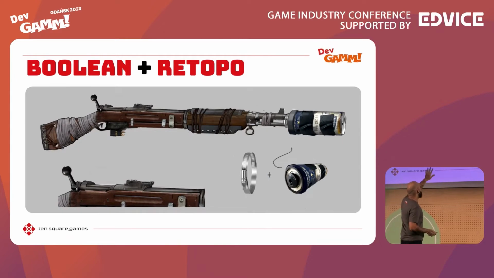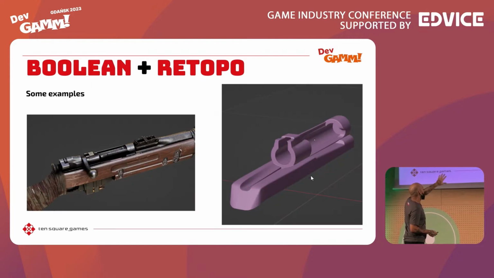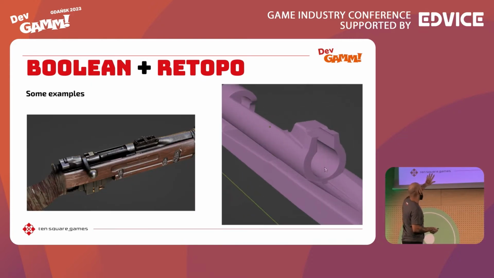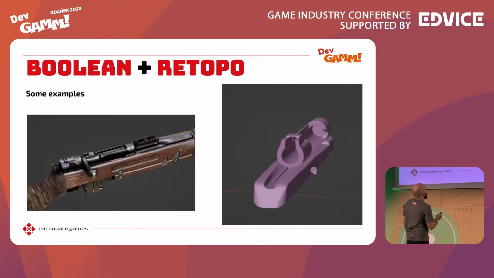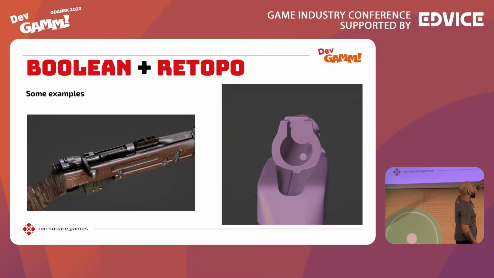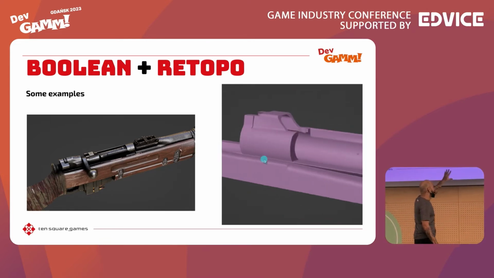So this is one example of the concept that I got. And then I check all the concepts, and I realize that this part would be very hard to do in a traditional modeling way. That's the piece I'm talking about. There are a lot of negative volumes.